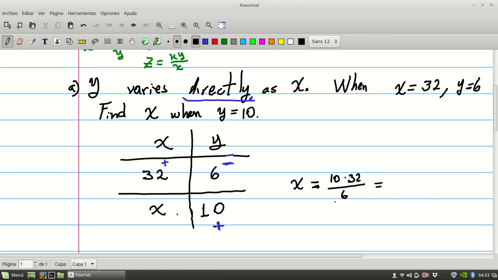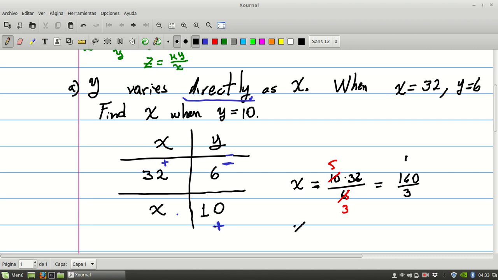Let's divide 6 and 10 each by 2, so we have 5 times 32 divided by 3, which is 160 over 3.